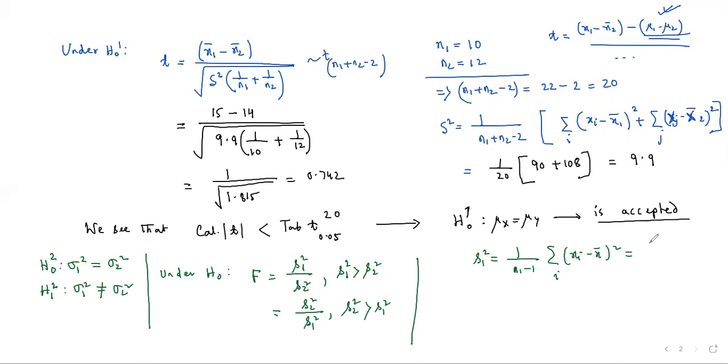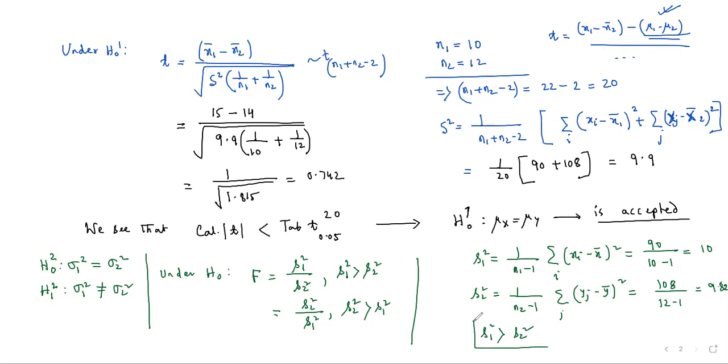So if I do this calculation, we'll get 90 by 10 minus 1, which is 10. And your S2 square is 1 by n2 minus 1 summation over j yj minus y bar whole square, which is 108 by 12 minus 1, which is 9.82. And we find that S1 square is greater than S2 square.